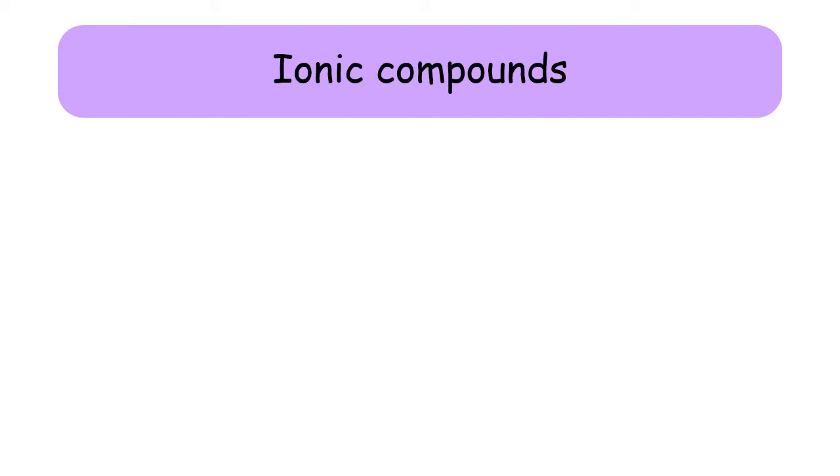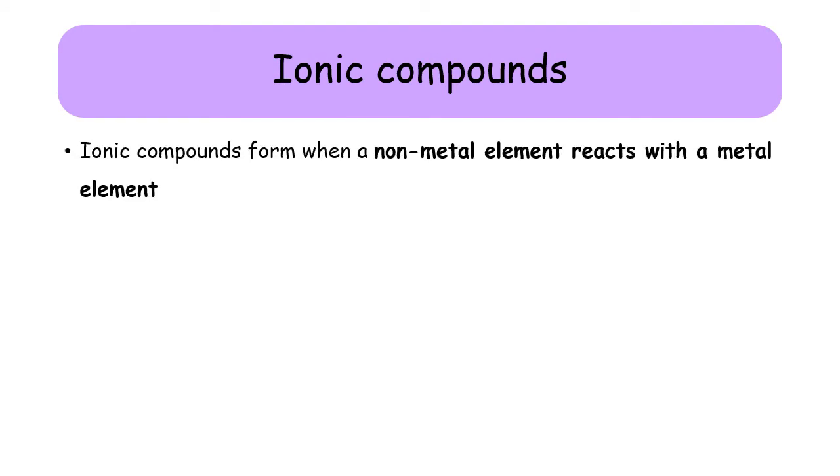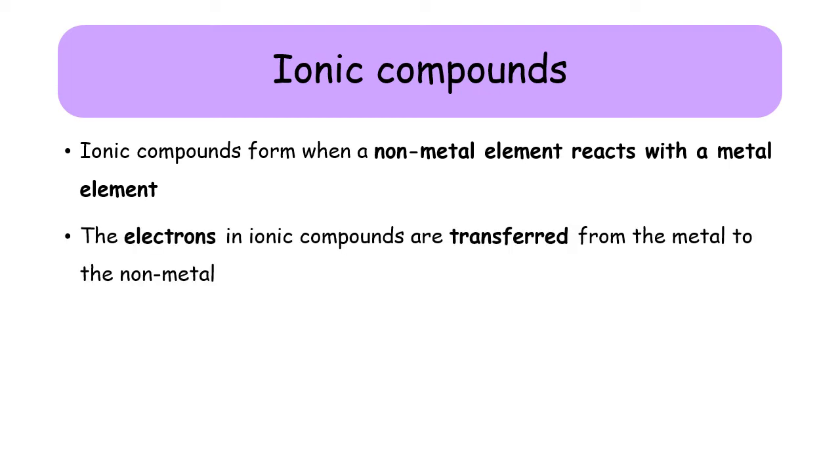So the other type of compound are ionic compounds. And ionic compounds form when a non-metal element reacts with a metal element. So an element from the left-hand side of the periodic table reacting with an element from the right-hand side of the periodic table. Now, unlike covalent compounds where the electrons were shared, the electrons get transferred.